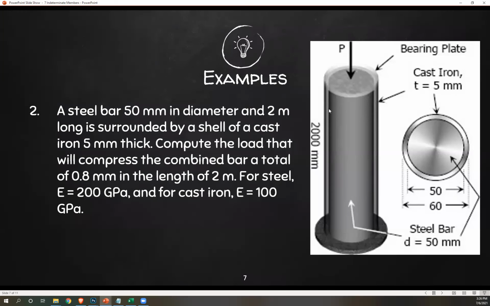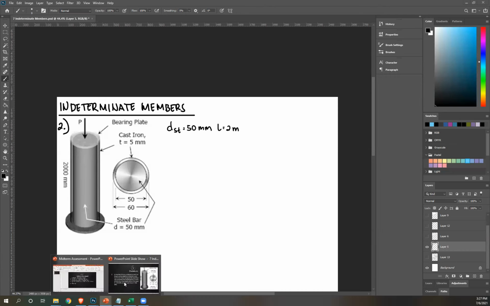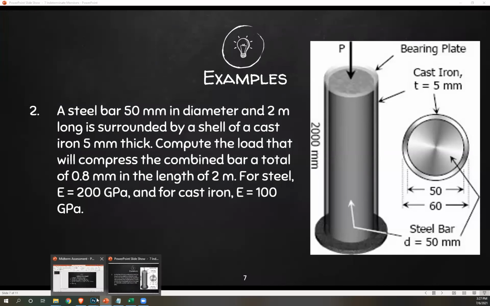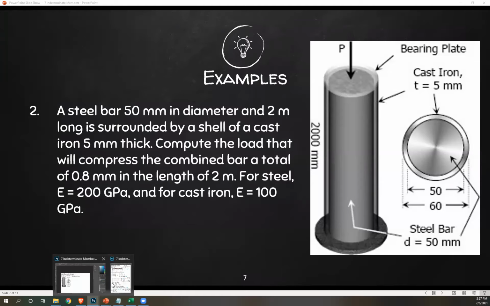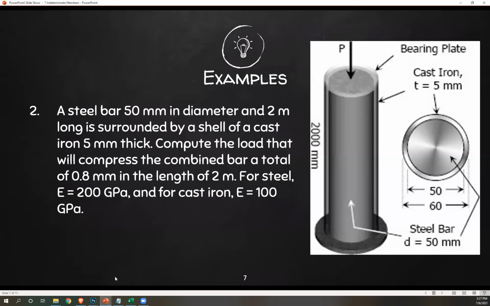That's the longitudinal length of your structure, so we can call that L. What else? Cast iron 5 millimeters thick. So let's just write thickness of iron. So that's Fe for iron. It's already written here, but we can rewrite.